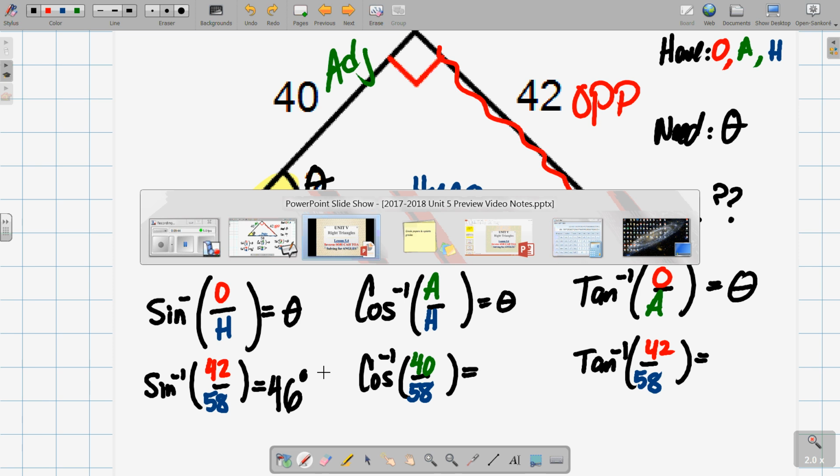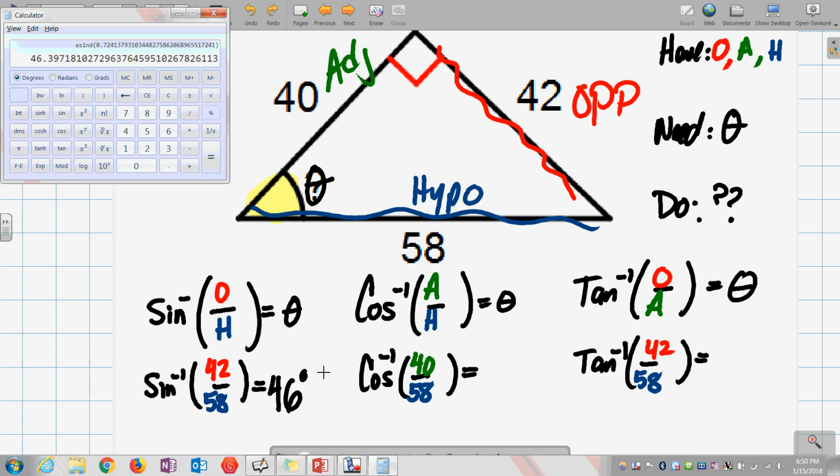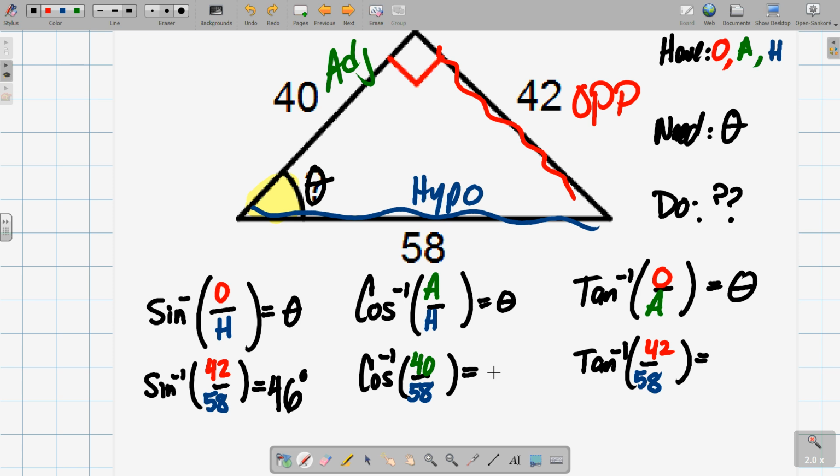Let's show inverse cosine. I'm going to go 40 divided by 58, hit my equal sign. Inverse cosine, notice the cosine -1. Lo and behold, whoa, it's the exact same thing, 46 degrees.